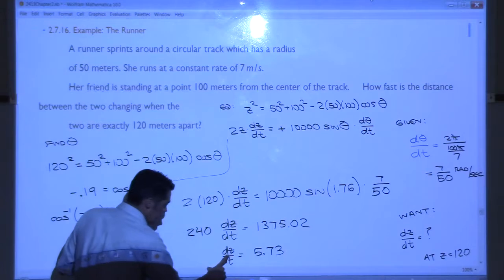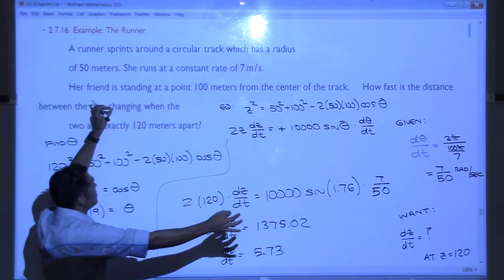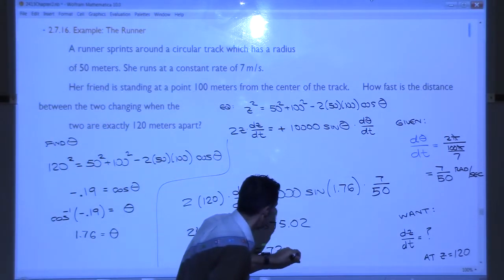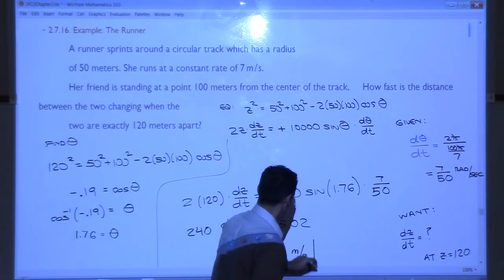5.73. Z is the distance between them, right? And so distance here was measured in meters, and time was measured in seconds, so meters per second.